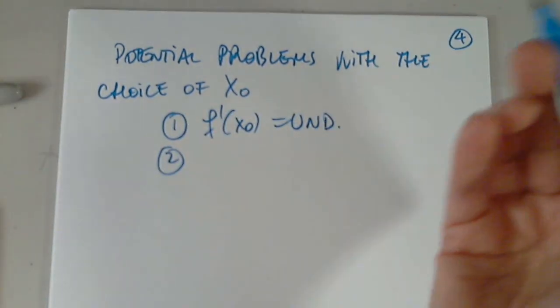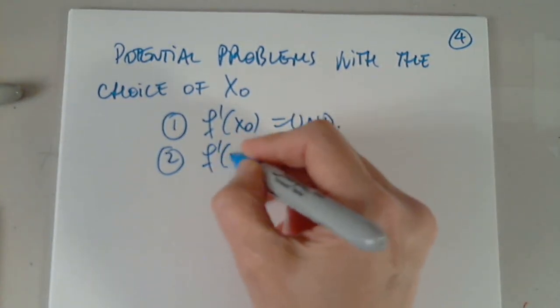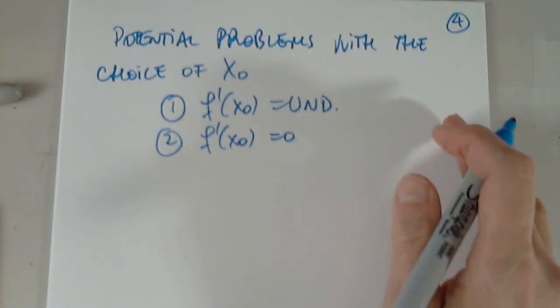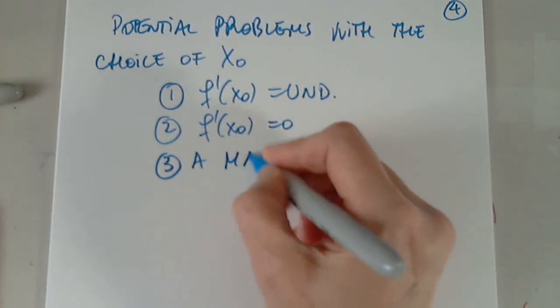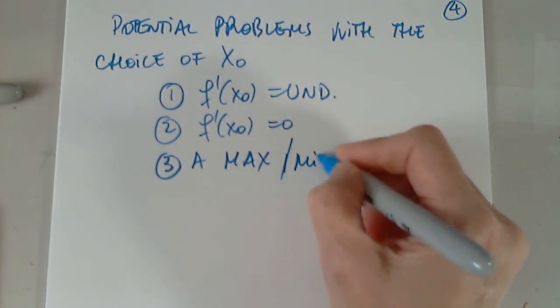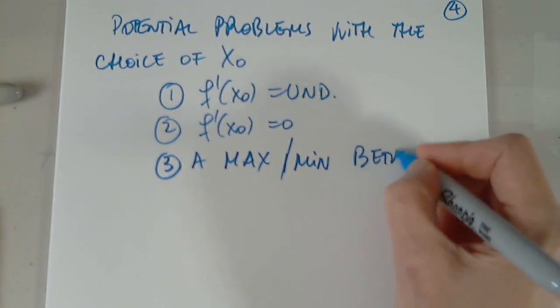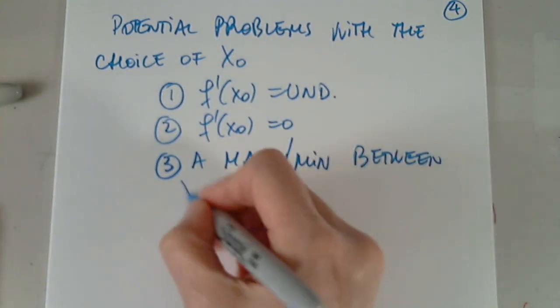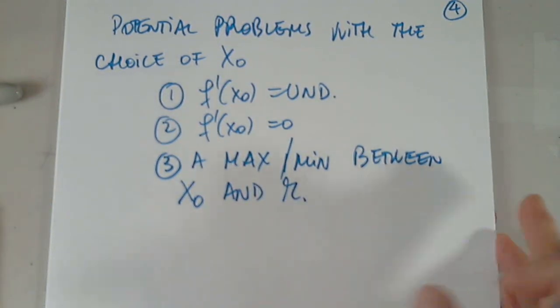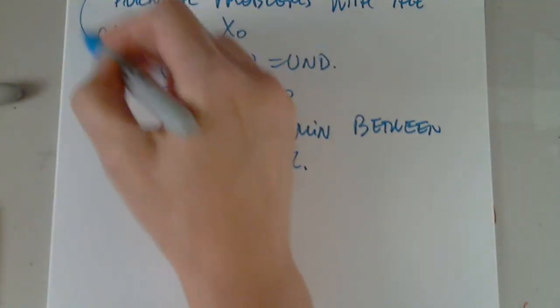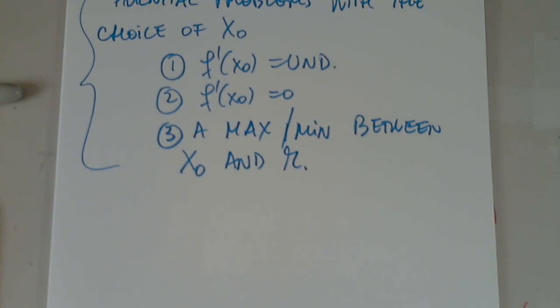I can put it separate, it doesn't really matter. F prime of x0 equals 0, that's another problem. And number 3, a max or min between x sub 0 and the actual solution r. So these are the potential problems. The method will not converge. You're not going to be able to get anything.